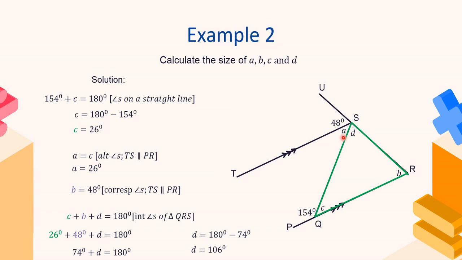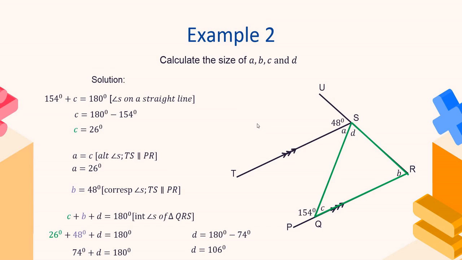And since we already calculated A, which is 26 degrees, we will simply say 180 minus 26 degrees minus 48 degrees will give us D, which should give us 106 degrees. So those are just some of the ways that we can solve for D.